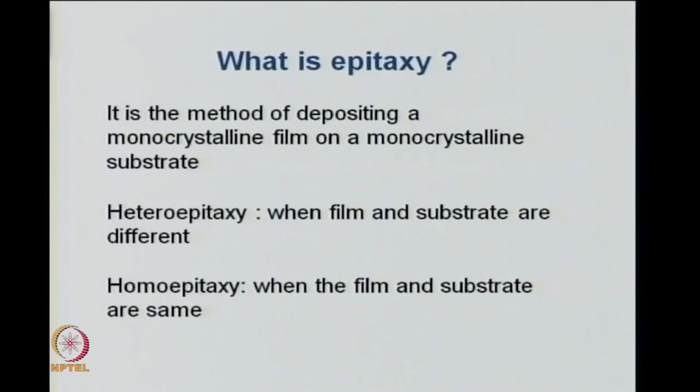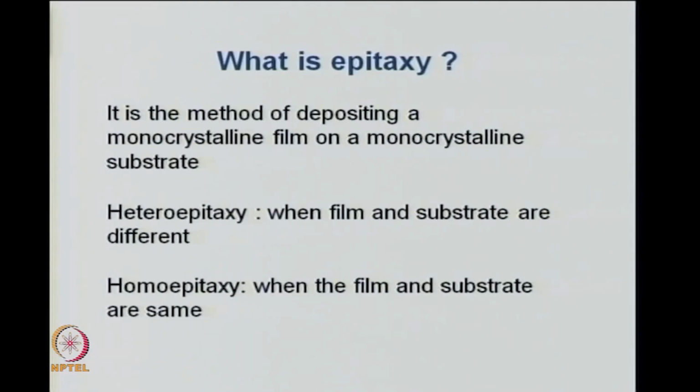So, now we discuss another technique which is a highly precise technique, though it is a bit expensive technique, the molecular beam epitaxy method. So, what is epitaxy? Epitaxy is basically the growth or deposition of a monocrystalline film on a monocrystalline substrate.